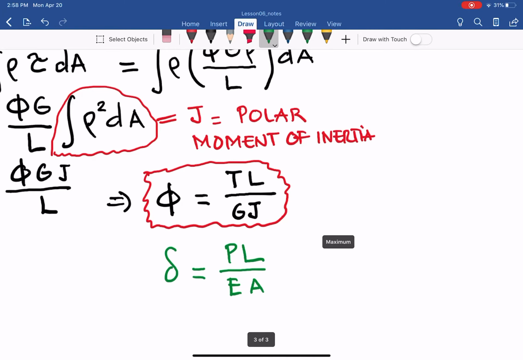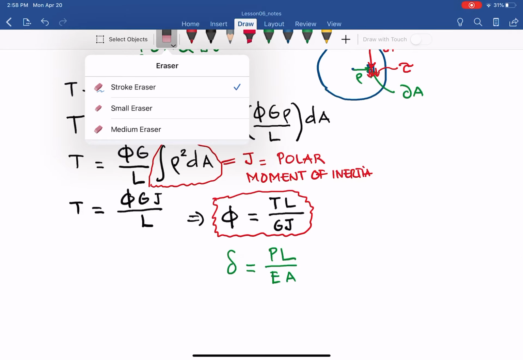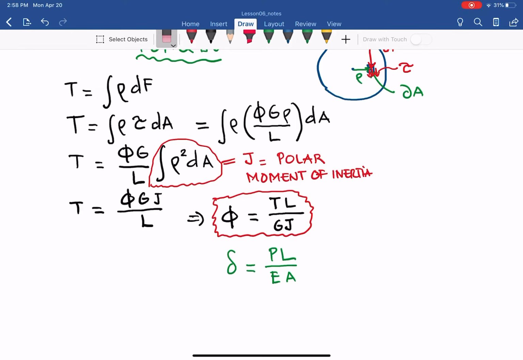And J, in this case, is the polar moment of inertia, also a geometrical property of the cross section. So you see that there is a similarity between the axial deformation and the angle of twist due to the torsion. So I'm going to erase this. If you want to review, go back to the first two lessons to have that one in there. Make sense, everyone? And also in lesson 4.